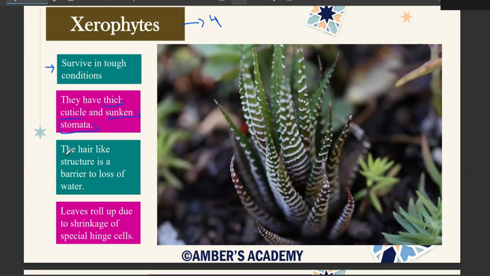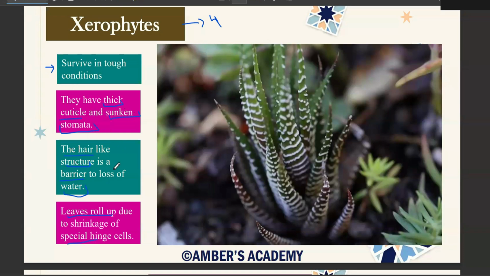Okay. Then it has hair-like structures, and these hair-like structures act as a barrier to loss of water, meaning it prevents loss of water. And the leaves also roll up due to shrinkage of special hinge cells. So these are the words that I've underlined.